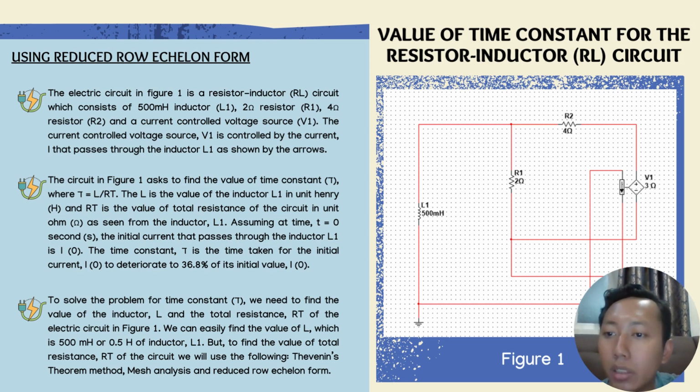But to find the value of total resistance RT of the circuit, we will use the following methods. We are using two methods: Thevenin's theorem, and mesh analysis with reduced row echelon form.